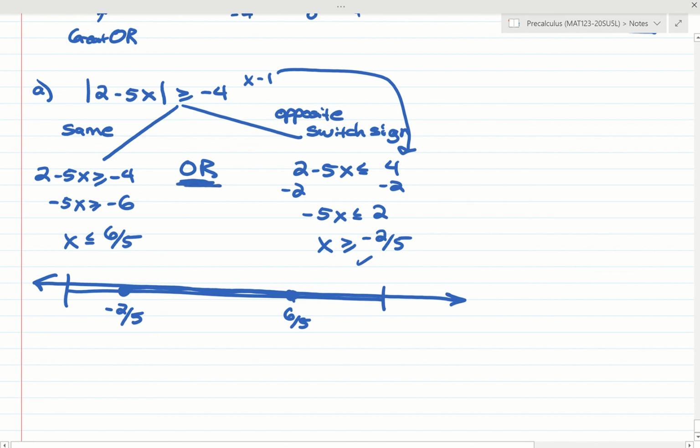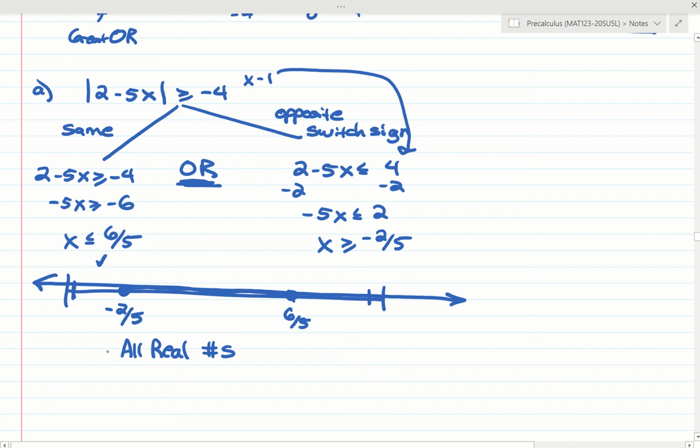Well, it's not or that one, but it definitely satisfies this one. So 10 works. What about -10? -10 is less than 6/5. Doesn't work over here. So it looks like, according to this, the whole number line would be shaded. So we say that the answer would be all real numbers.